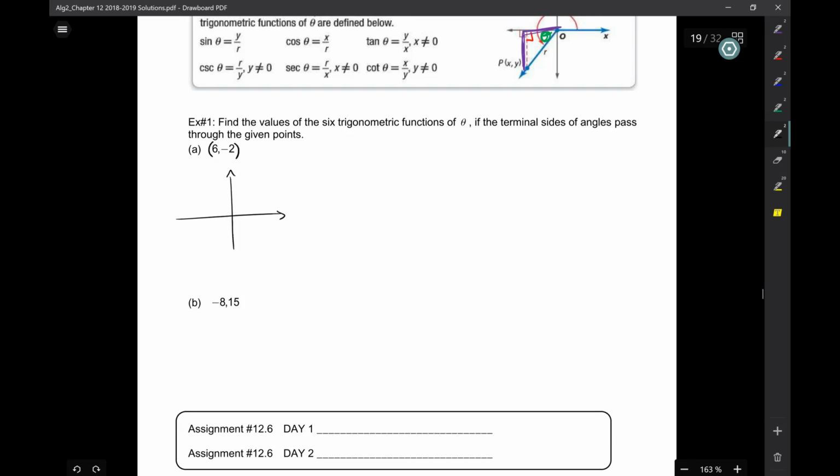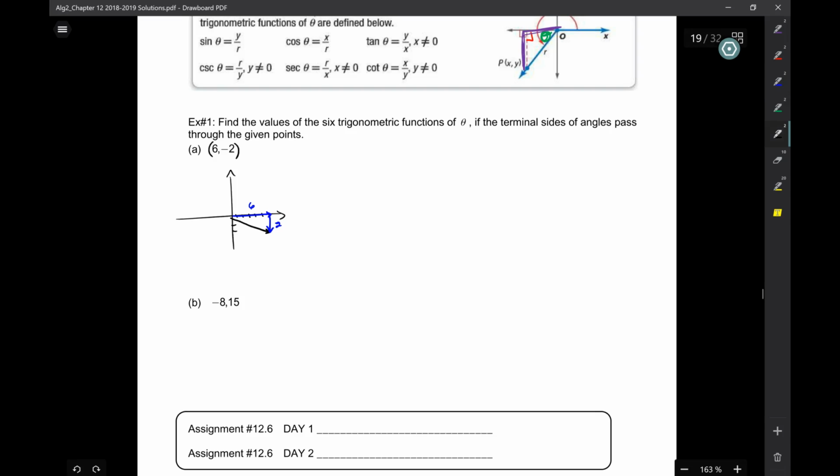Where is 6 and negative 2? Here. This is what it looks like. If this is the point (6, negative 2), how much is that horizontal line? 6. And the vertical line? It's at negative 2, but it's got a length of 2.